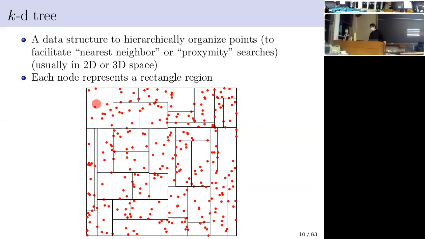And more specifically, it is a tree structure. The name suggests it is a tree structure. And this is a 2D example, obviously. The root of the tree represents the entire space containing all the points you are maintaining.